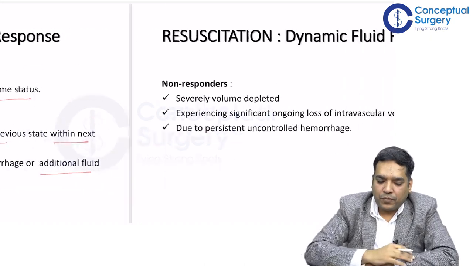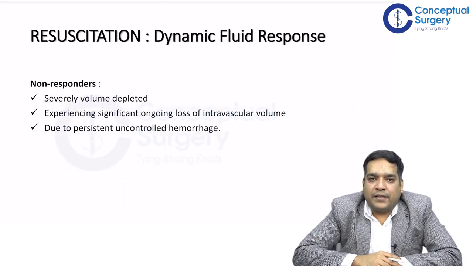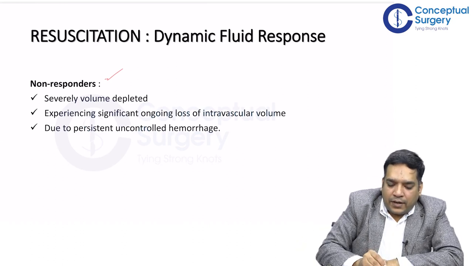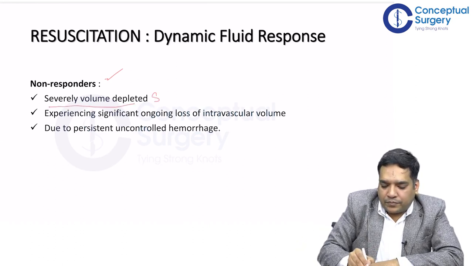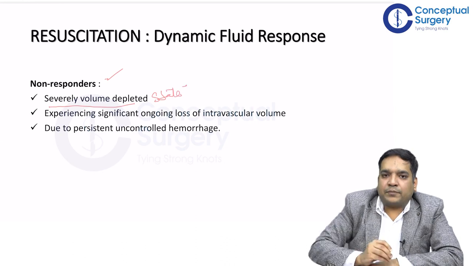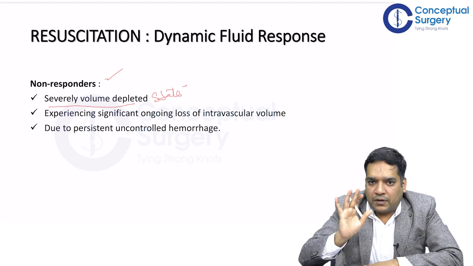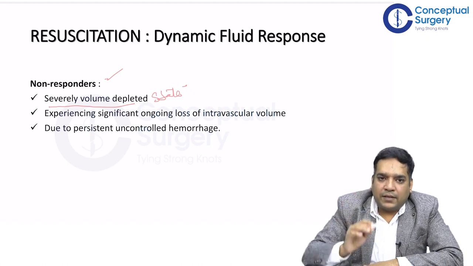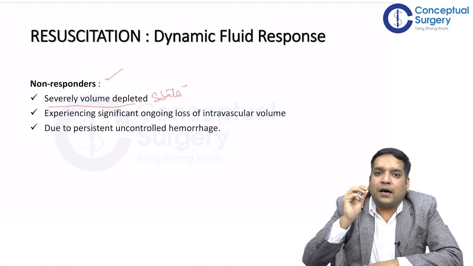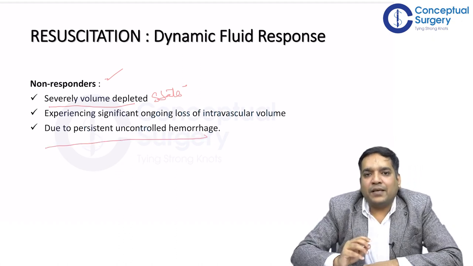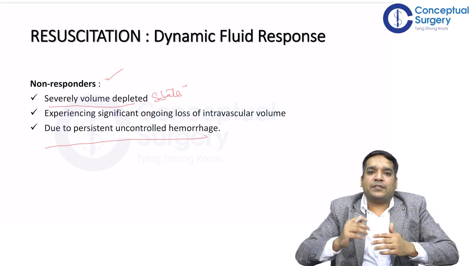The next category is non-responder. They are basically in a severely volume depleted state and they are experiencing significant ongoing losses of intravascular volume, right? And the reason is they have a persistent uncontrolled hemorrhage. So non-responders are basically a category of severe state of shock.